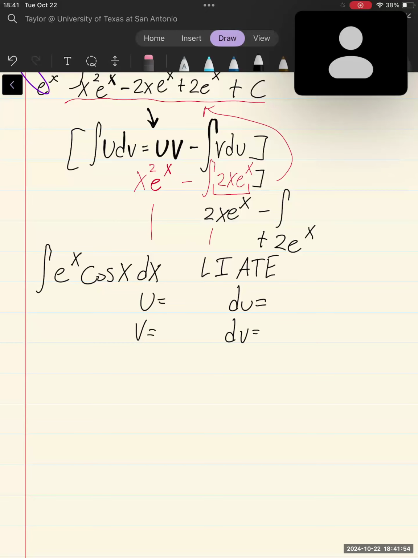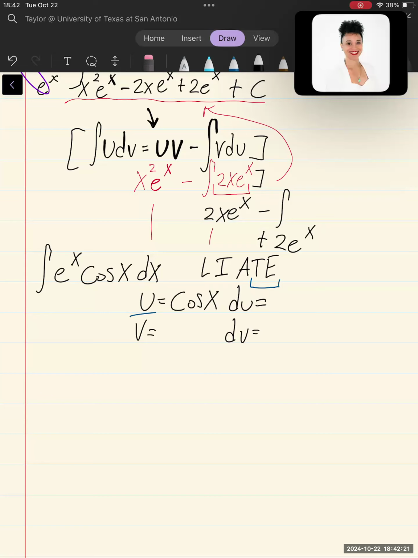All right. So following the LIATE method, we are in this area of the acronym. So what expression are we going to use for our differentiation term, for our u? Cosine. Nice. So we've got cosine. And the derivative of cosine? Negative sine. Very nice, thank you.